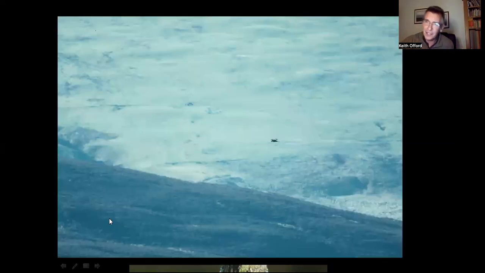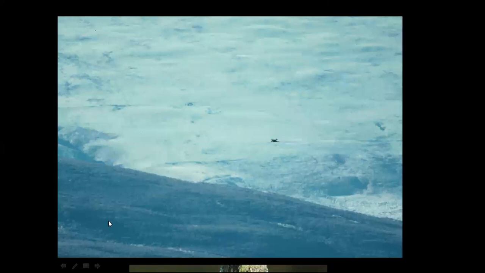This is the kind of slide I was referring to earlier, the one I would never have dreamt of showing normally because it's a speck in the sky, but it's the speck in the sky that is so important. If you're going to aspire to becoming a good raptor watcher, there's no such thing as too far away.